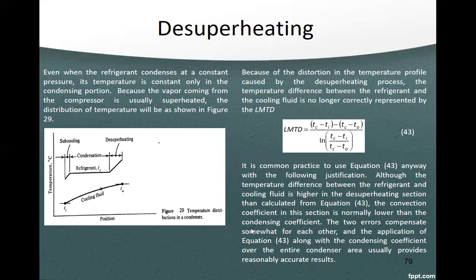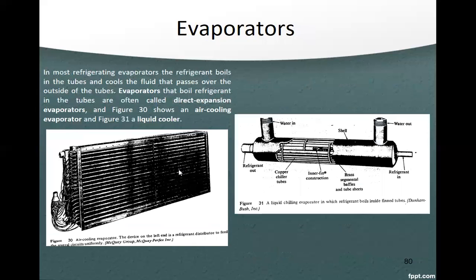The two errors compensate somewhat for each other, and the application of equation 43 along with the condensing coefficient over the entire condenser area usually provides reasonably accurate results. So pwede mo rin siyang gamitin with this justification. So this is na yung equation mo, LMTD. So malilito ka, di ba? Mag-iisa-isa ka pa niya.